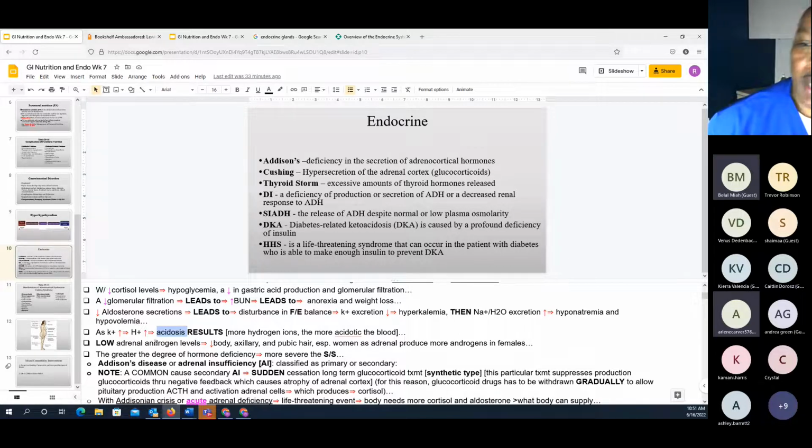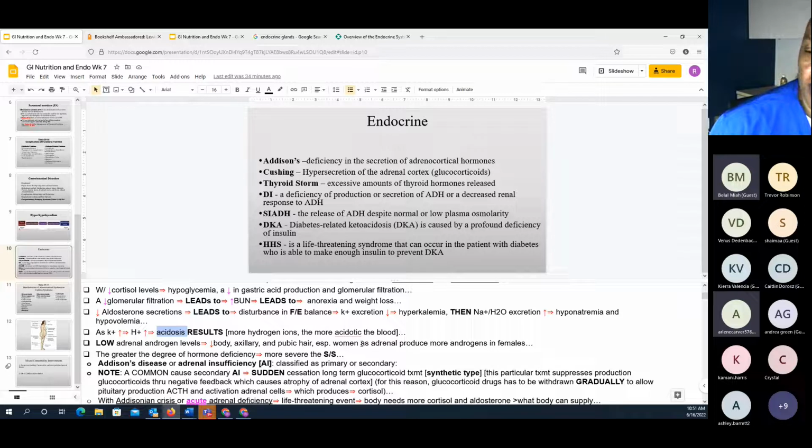All right. Now, when we talked about the adrenal androgen levels, remember that picture I showed you, the androgens, the testosterone and estrogen. Here's what happens. You have these low levels, and so you're going to have decreased body, axillary, and pubic hair.